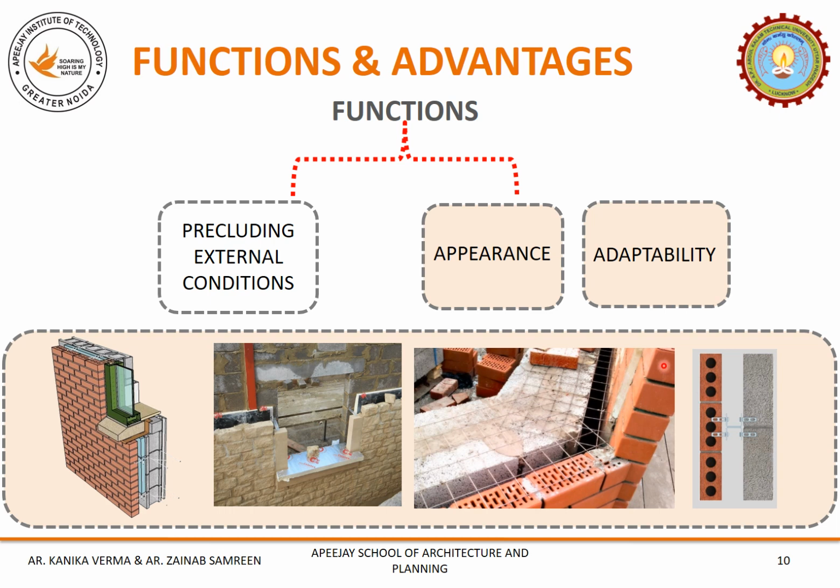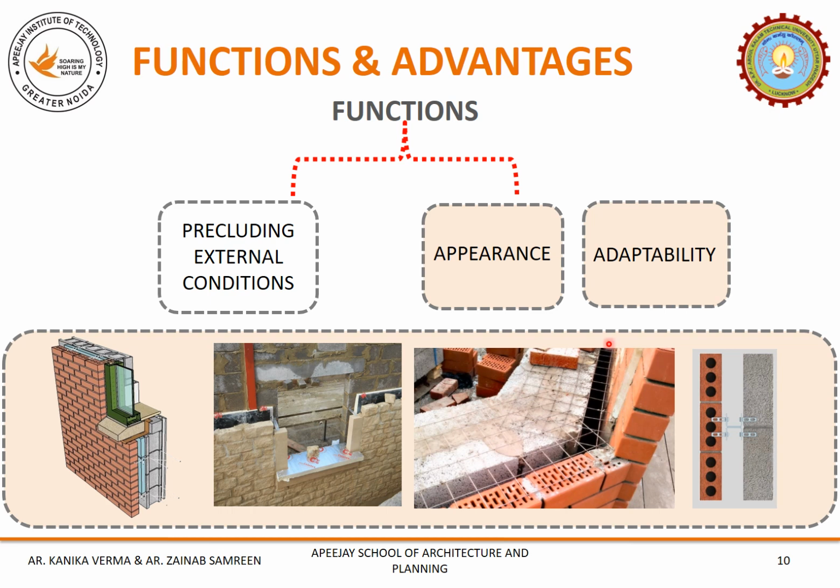Now, if we look at the appearance and adaptability of a cavity wall, then it actually accommodates alterations in the facade very easily. Since the internal walls are not hindered by any changes, if you want to change the facade, if you want to change the exteriors of your building, there are two walls.